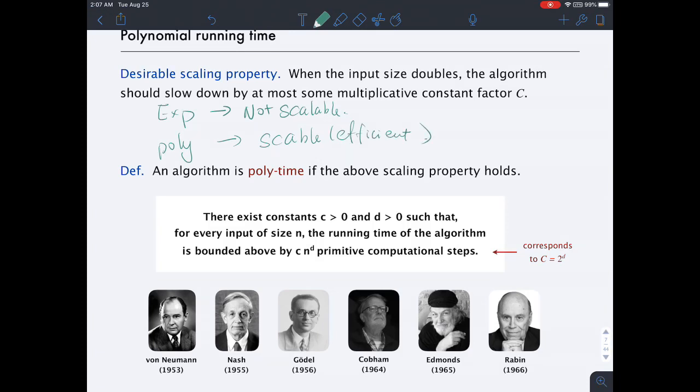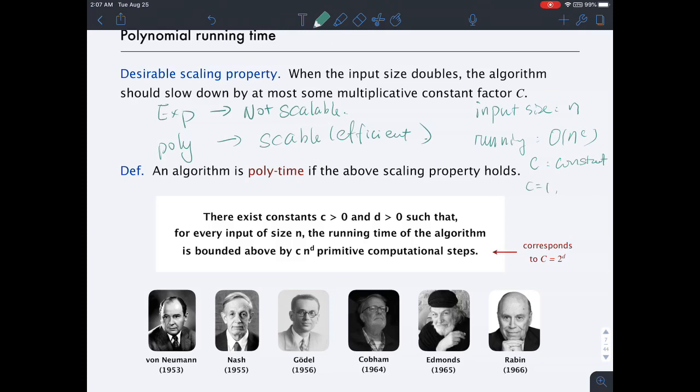So what do we mean by an algorithm runs in polynomial time? Basically, that means that if the input size is n, and the running time can be described as big O of n to the c, where c is a constant, then we call this algorithm a polynomial time algorithm.